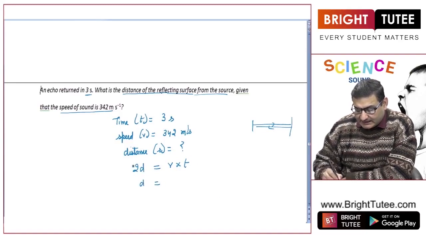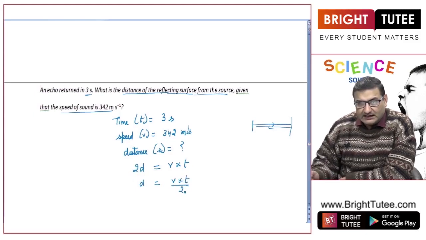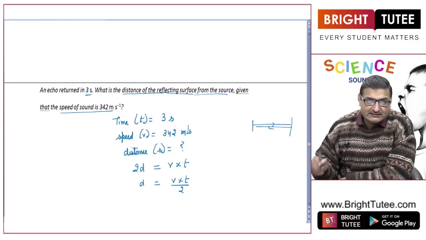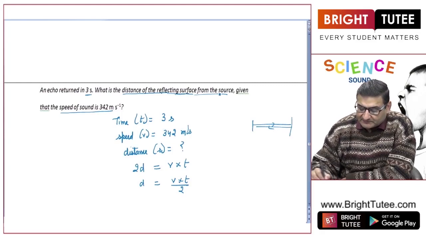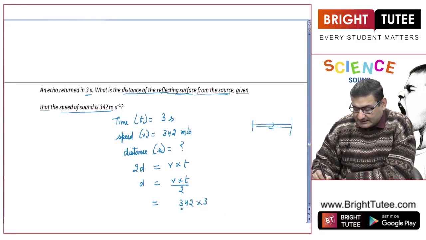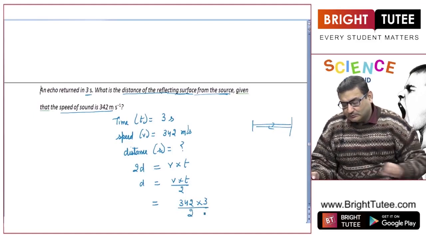So, once again I will do the same thing, I will take the half of it. This 2 I am dividing it up here on the other side, because I need to calculate half in order to know the distance of this particular reflecting surface from the source. Putting the values, I get v is equal to 342, time is given to be 3 seconds, divided by 2.